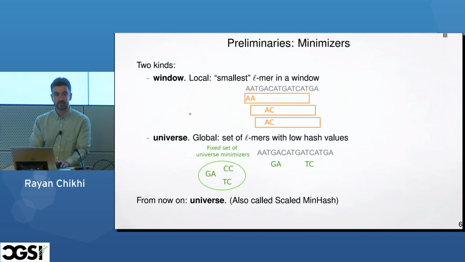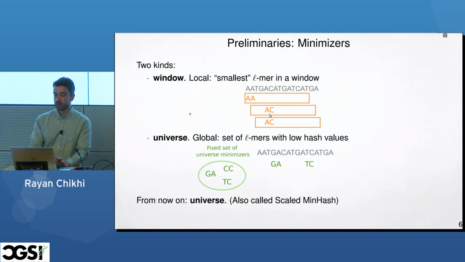All right? So if you shift the window by one base, AA is no longer inside this window, and you don't see AA anymore in the next window. So the next smallest l-mer inside this window is AC. And you can keep going, shifting the window by one base, and you obtain a collection of minimizers across this sequence.